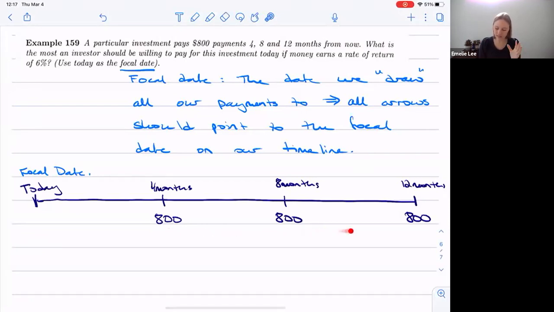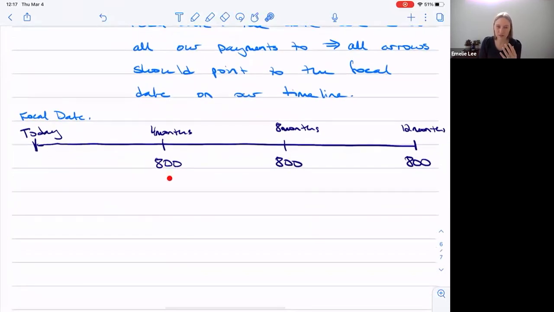how much is this payment stream worth today? This is called a payment stream, and you can see why. So what we want to do is draw these payments back to today. $800 4 months from now is worth less than $800 today because I'm earning interest.